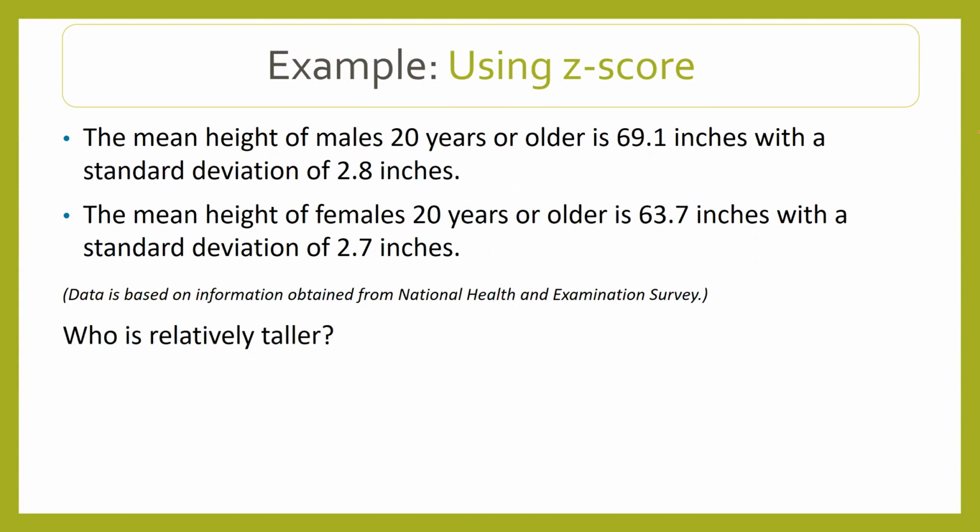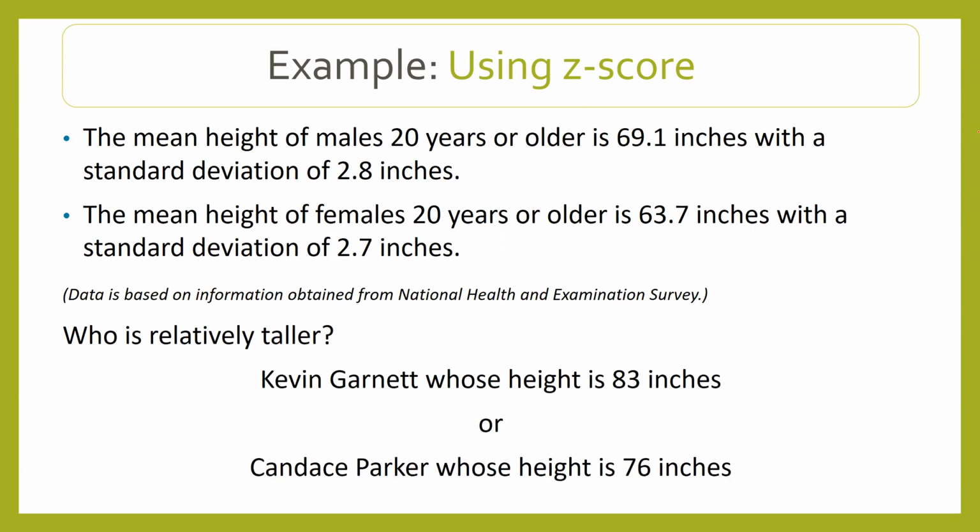Who is relatively taller among these people: Kevin Garnett, whose height is 83 inches, or Candace Parker, whose height is 76 inches? All right, take note of these people and their heights.